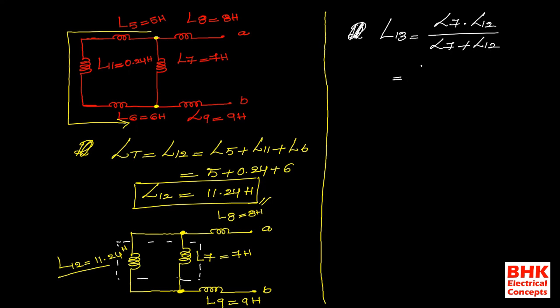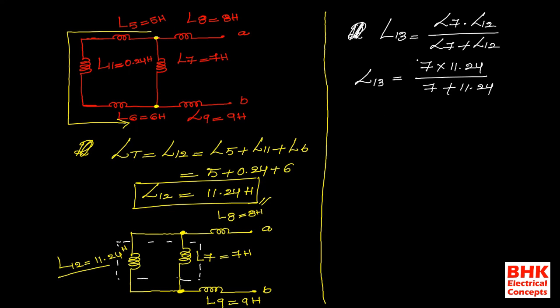L7 is 7, L12 is 11.24. So L13 is equal to 7 into 11.24 divided by 7 plus 11.24.